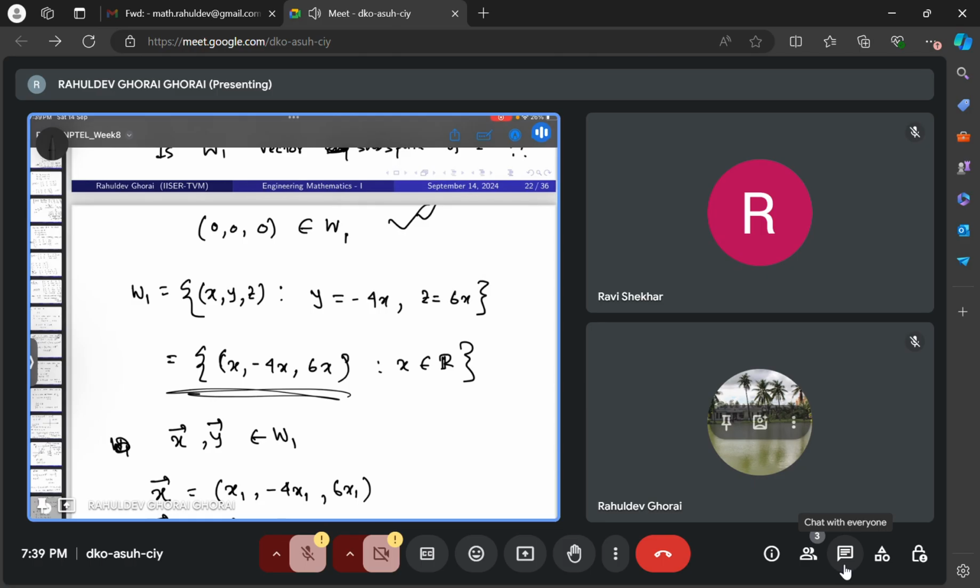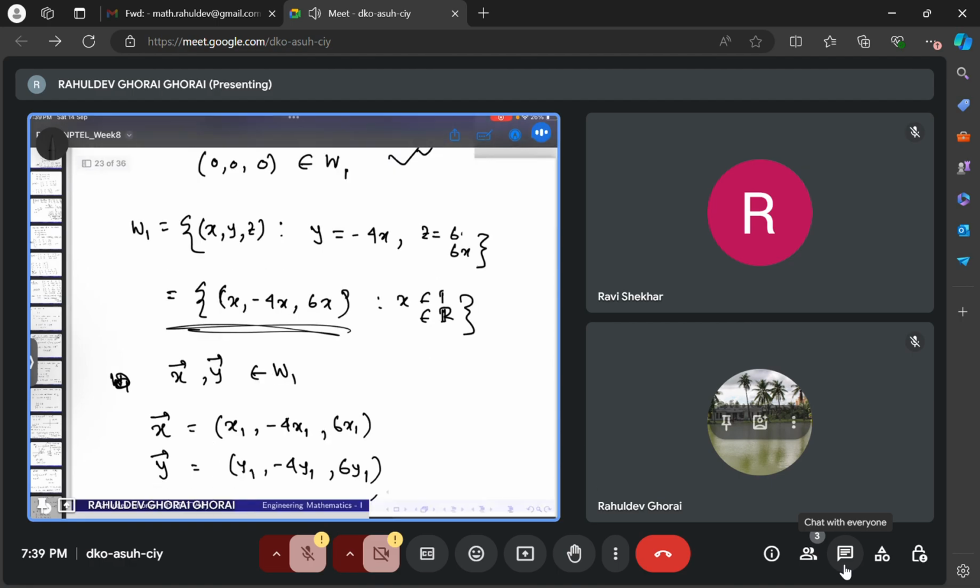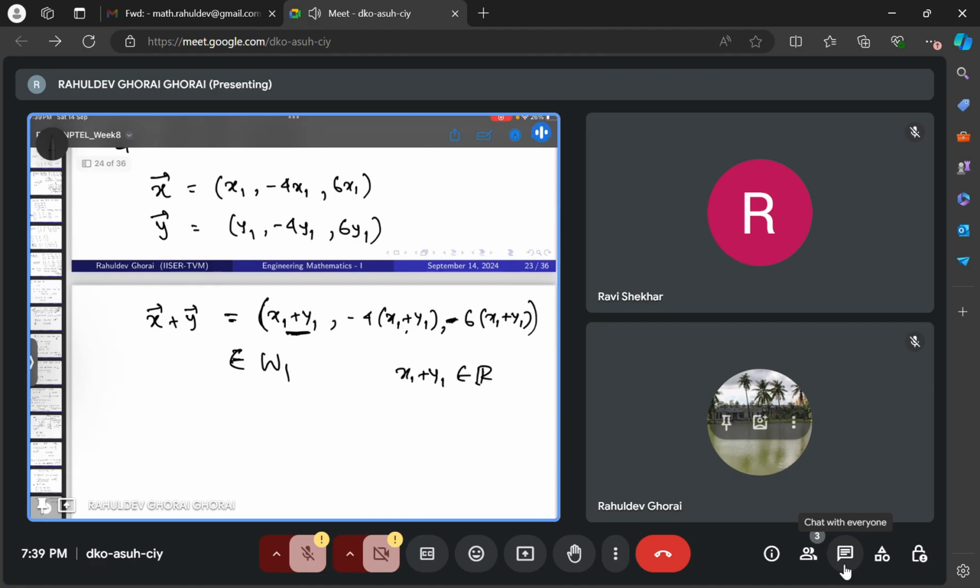W1 has those elements x, minus 4x and 6x, where x belongs to real numbers. Here also x1 plus y1, minus 4 times x1 plus y1, 6 times x1 plus y1, all those are real numbers, so it is in W1.